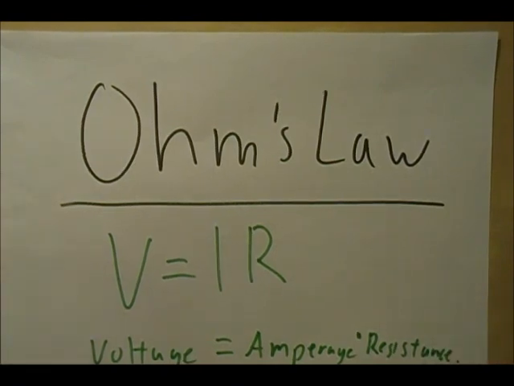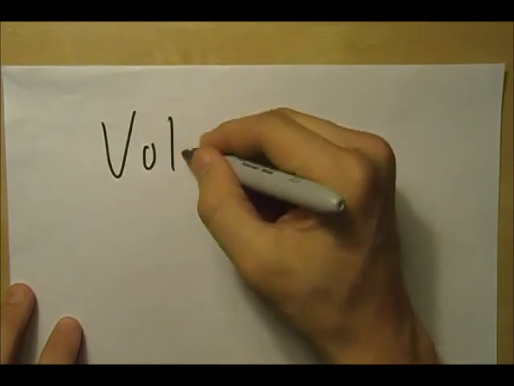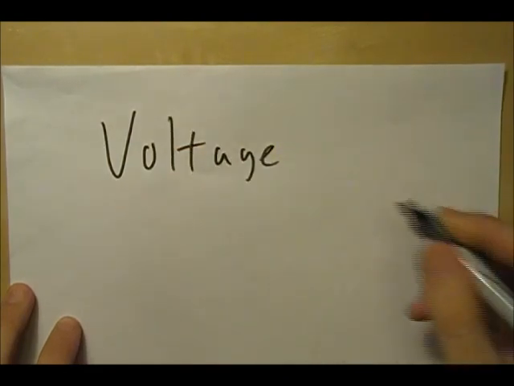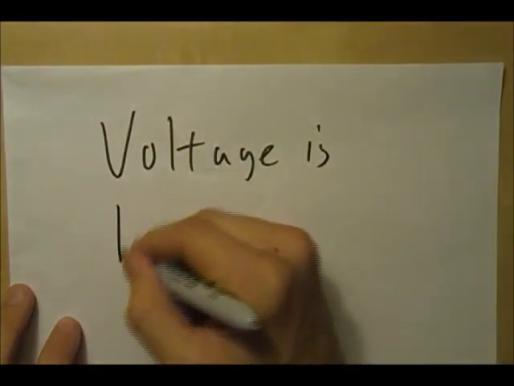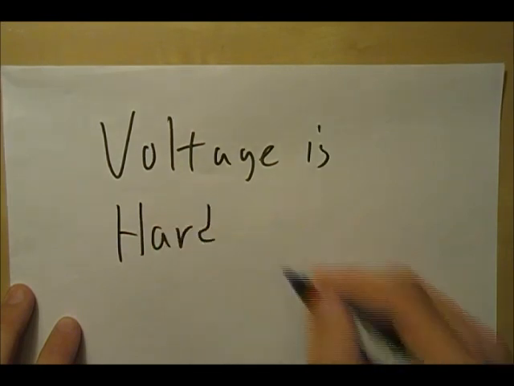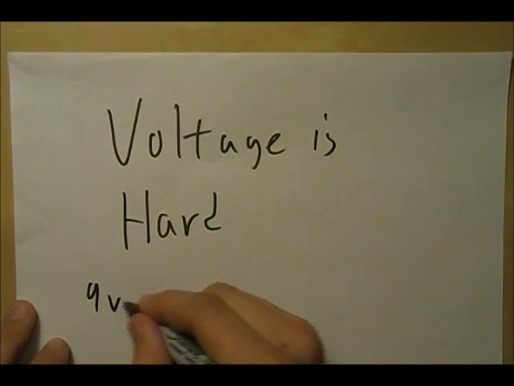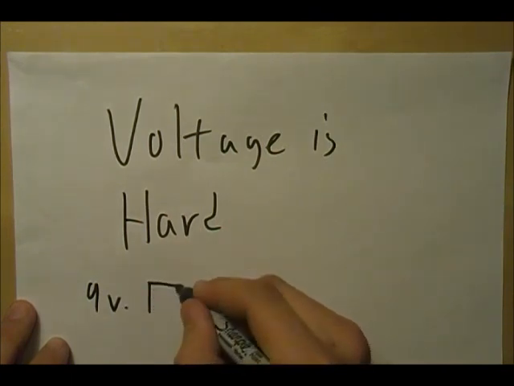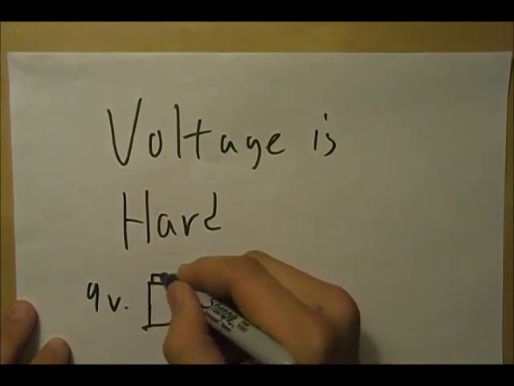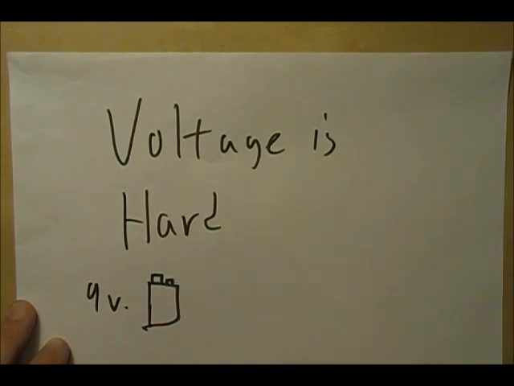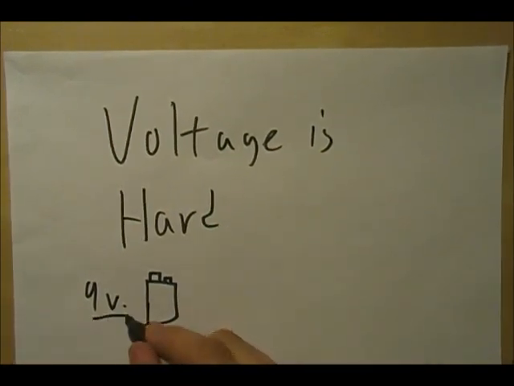Now, let's talk about specifically voltage. So, voltage is how hard your electrons are flowing. You'll hear things like a 9-volt battery, and what that battery can do is it can produce a push of 9 volts.